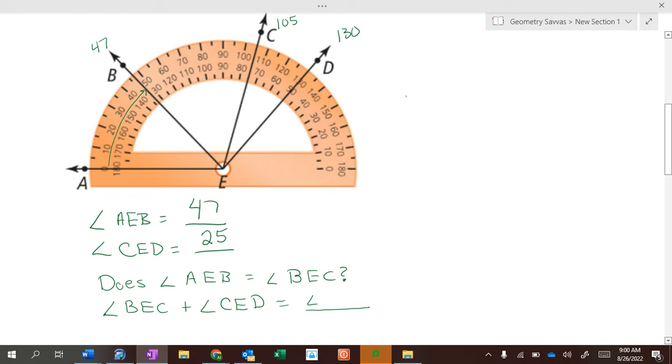If you don't have your calculator out yet, maybe you should get it out, because we have a quiz today. It is 58. Does AEB equal angle BEC? Well, how big is AEB, did we say? 47. Is 47 equal to 58? No.